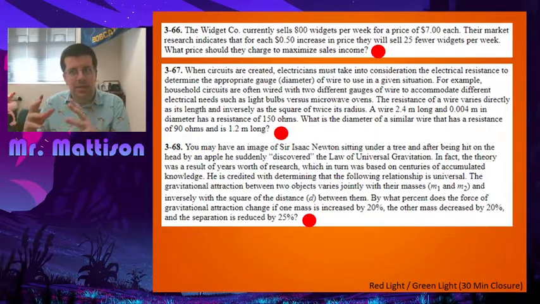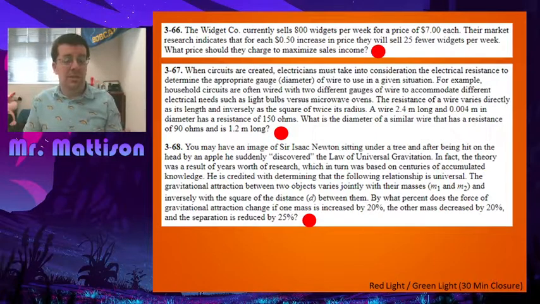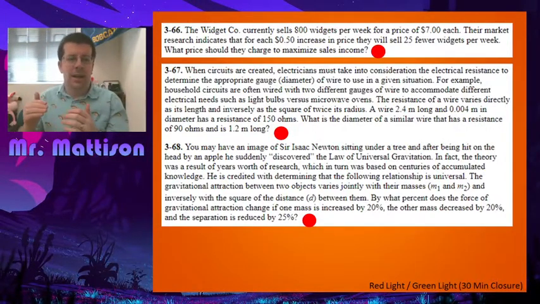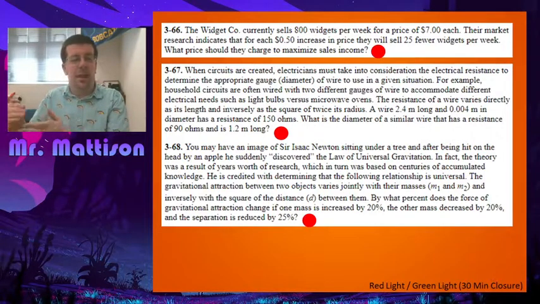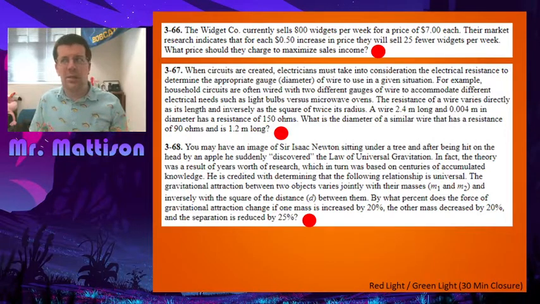If I see a few fewer sales, but the extra money I'm making per sale more than compensates for that, that's a smart business move for me to make. It also might be the case that if I reduce my price by a little bit, I'll sell a whole lot more, and that'll more than make up for not making as much money per thing that I sell. So this is a fairly common way to optimize the best price to set for my particular product.